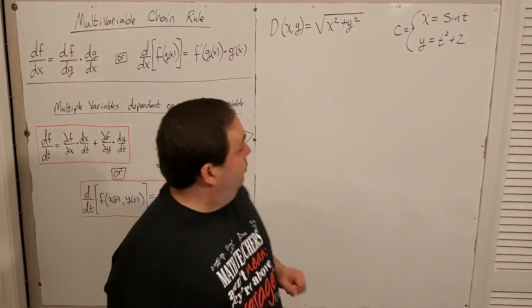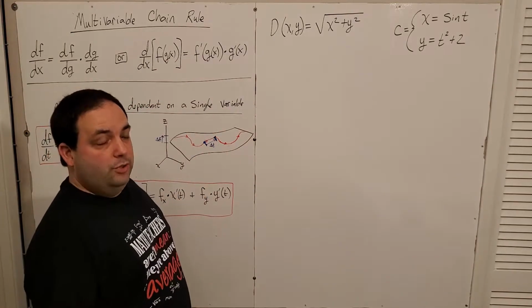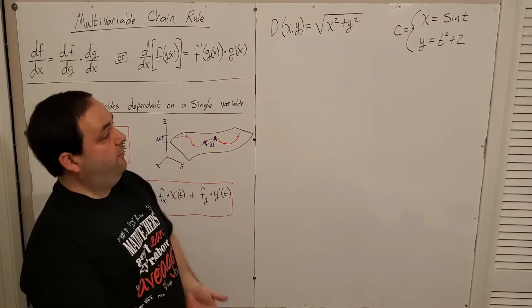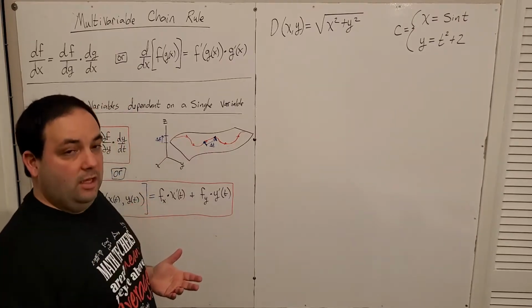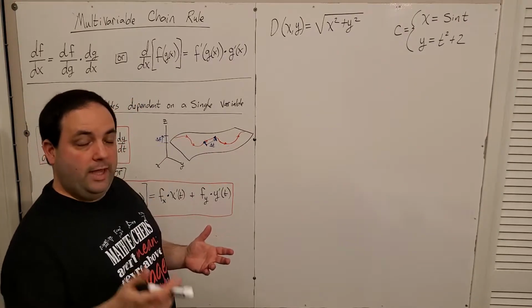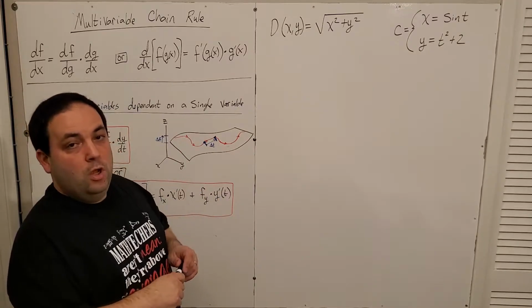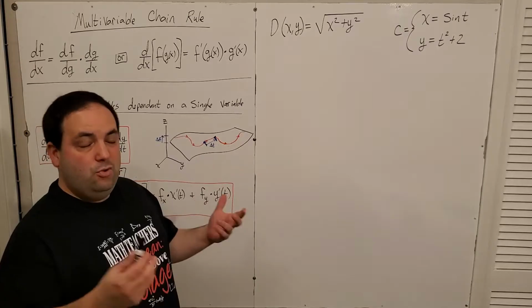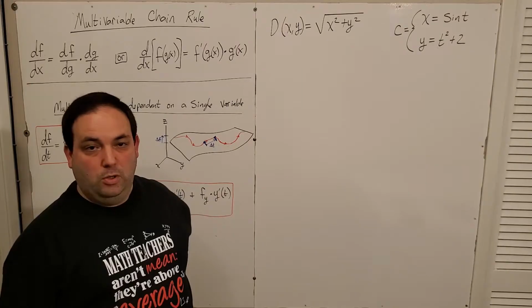Let's get an example. Let's work this particular derivative two different ways. Okay? We've got the chain rule and we've got the straightforward way. The chain rule gives us an easy way, and it's the same thing in original calculus chain rule. The chain rule gives us an easier way to do a lot of these compound composite derivatives. But you could have probably found a way to go around the chain rule most of the time.